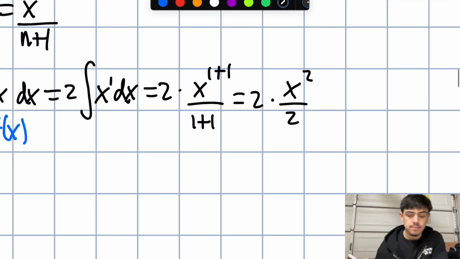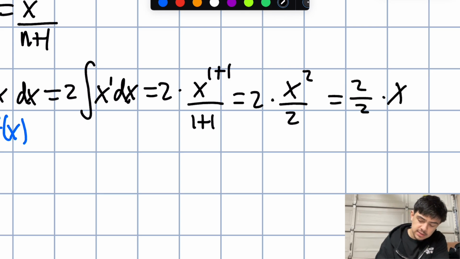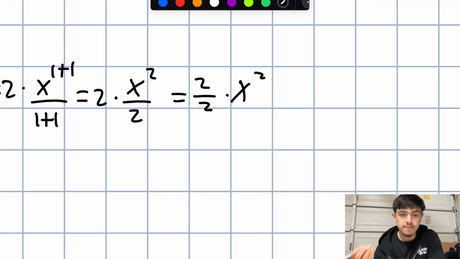So now that's it, but we can simplify this one more time with the 2's. Remember, we're multiplying these together, and in multiplying, we can reverse the order. We can multiply them however we'd like. We can separate this into 2 over 2 times x squared. This is the same thing, just rewriting it for you guys' sake.